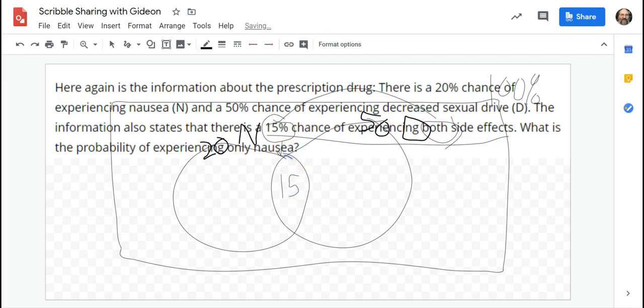See, I wrote the 20 for the N on the border to indicate the whole round set is 20. If I know the center is 15, of course, the outside here is 5, and similarly, the 50 for D, 15 is in the intersection, leaving, do a little subtraction, pull out your calculator if you tend to mess up arithmetic in test circumstances, 35.